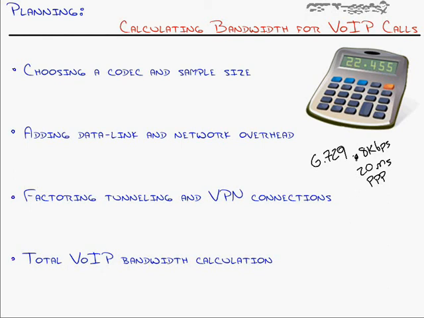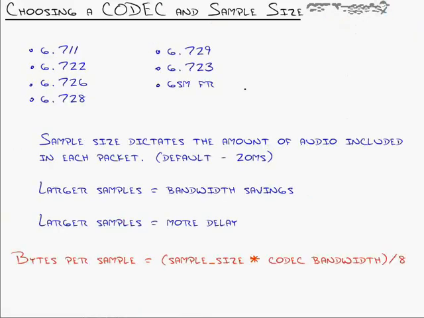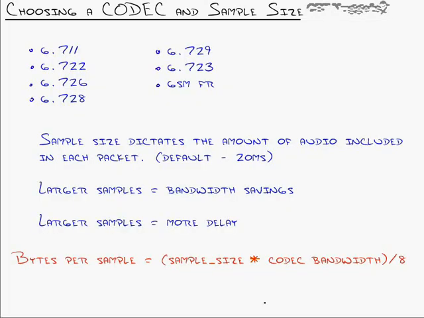G.729, first off, I told you it was 8 kilobits per second and a 20 millisecond sample size, which was a little different than the criteria I gave you before with G711. If you look back, with G711, I gave you the bytes per sample because that is what was given there. You have to type in bytes per sample, but maybe we're trying to figure it out from milliseconds.